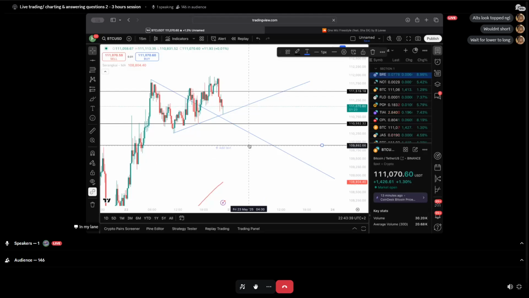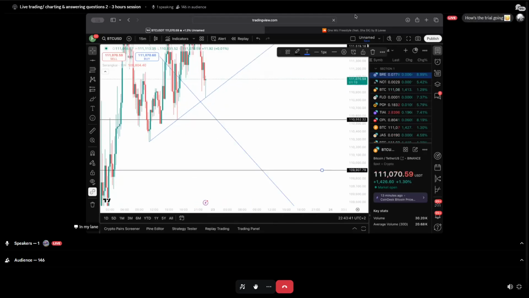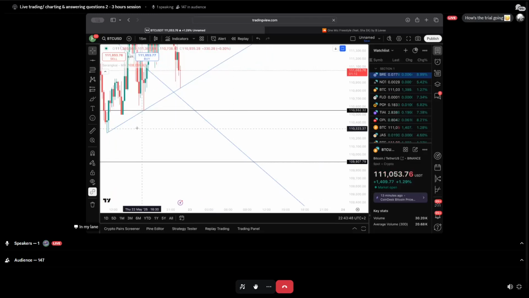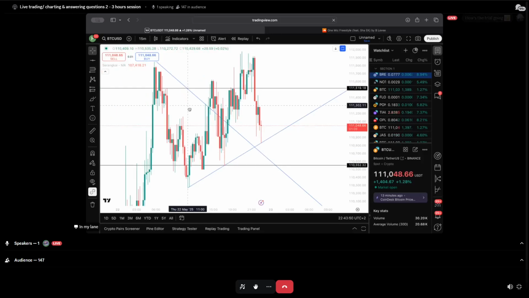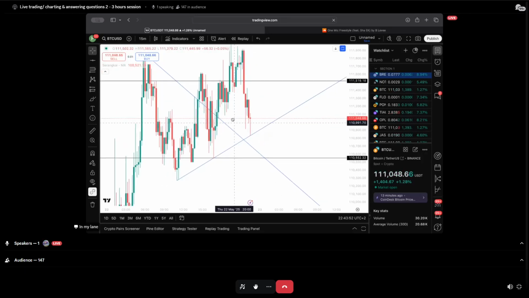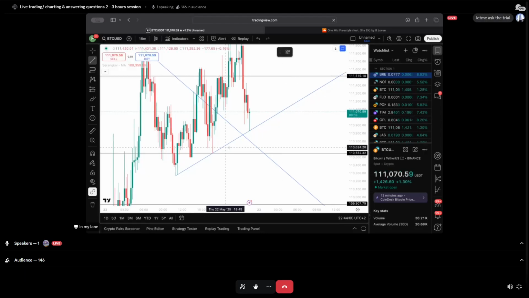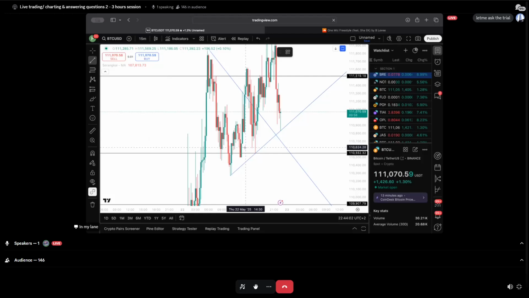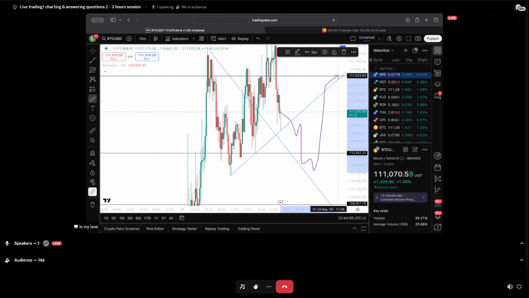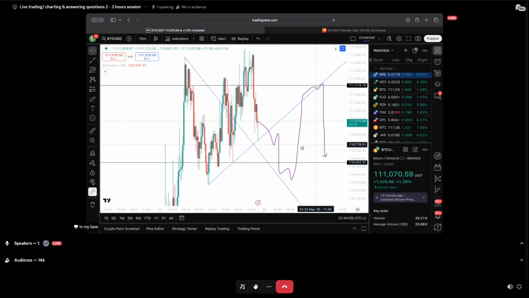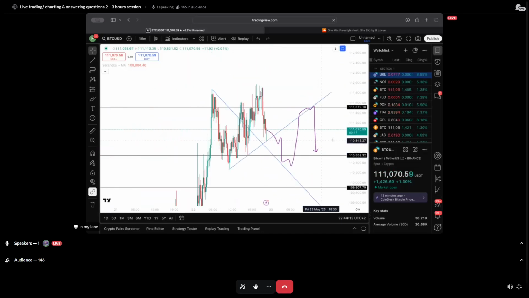I think we can scalp long over here. I mean, at the retest of this breakout, we can have a scalp long all the way up here. Because I would say it moves like this, then back up here. And now it's just the range we're in right now. That's how I see it.